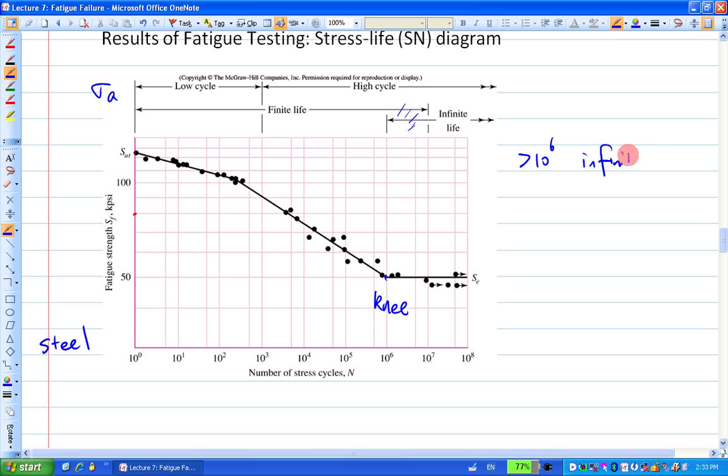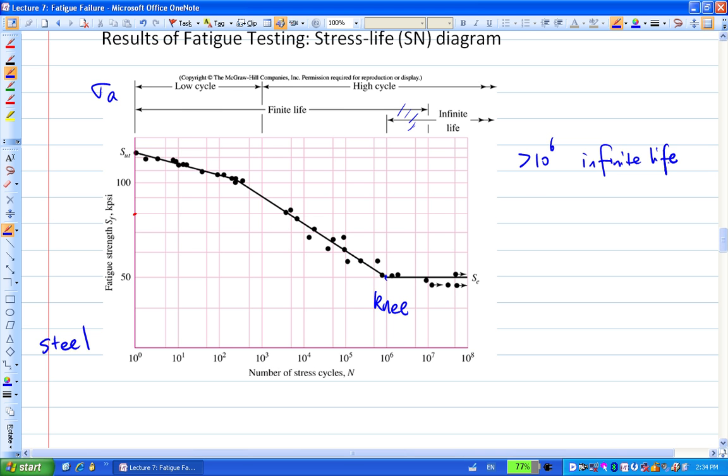Yeah, infinite life. And as a matter of fact, later when we design, the design is against infinite life. What that means is you're designing against 10 to the power 6 number of cycles. Is that clear?